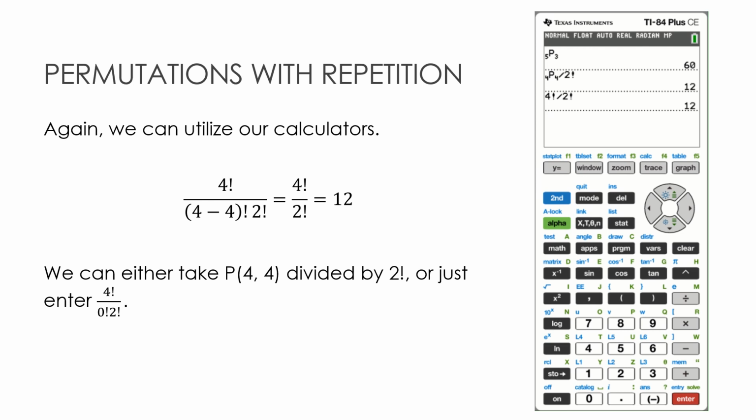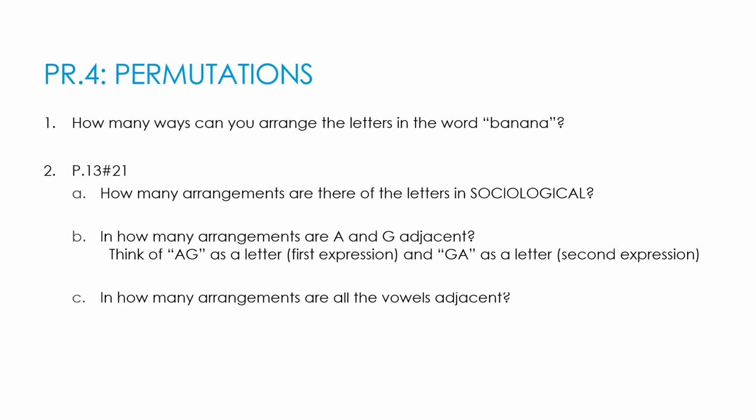Either way, I get 12, so whether you choose P for permutation 4, choose 4, or 4 factorial, that is completely up to you.